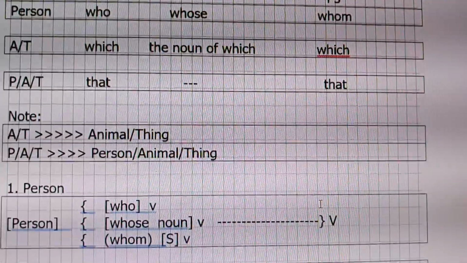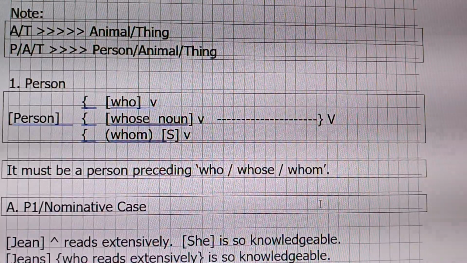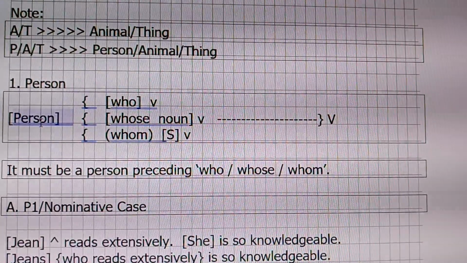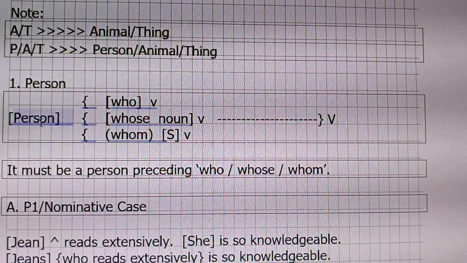So let's see. Person, right? Main clause. Always remember there is one main clause and one subordinate clause. The subordinate clause is not independent. The main clause is independent. So it must be a person preceding who, whose, whom. Right?